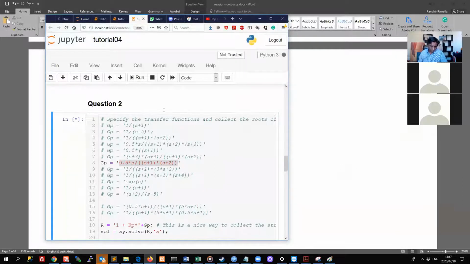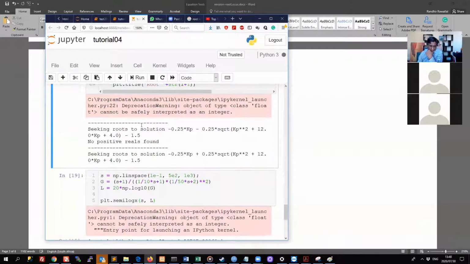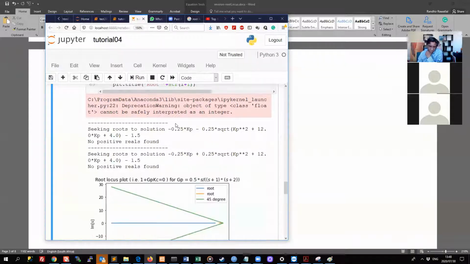Okay, it's running. So it gives you a bit of feedback. It is searching for roots analytically, so you can see what roots it's found there.